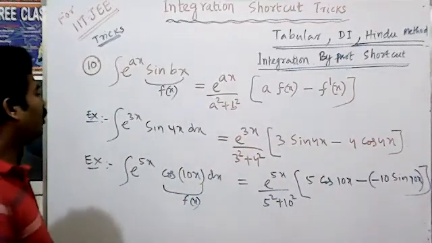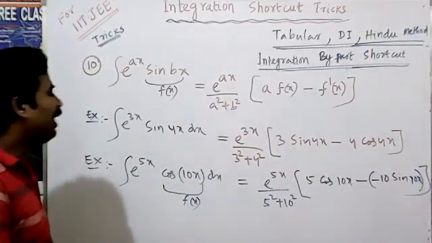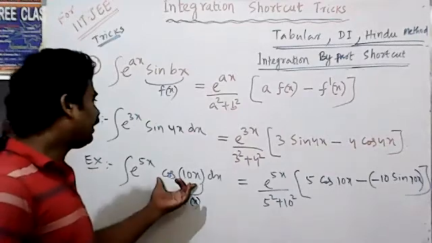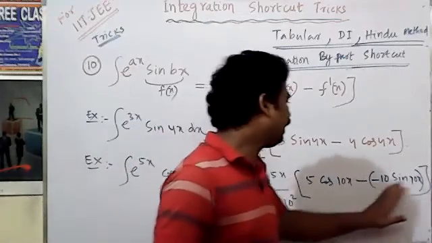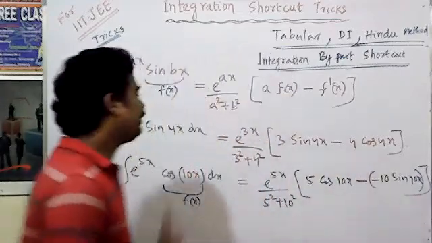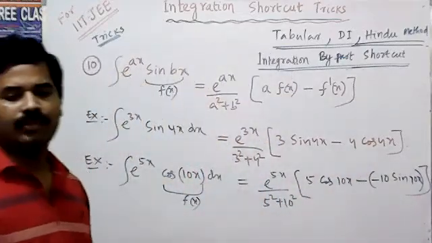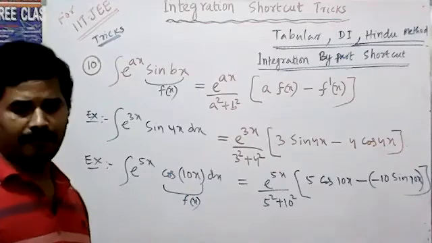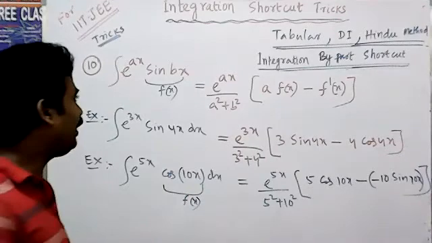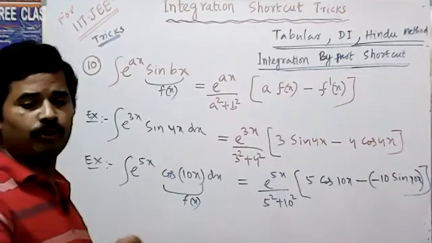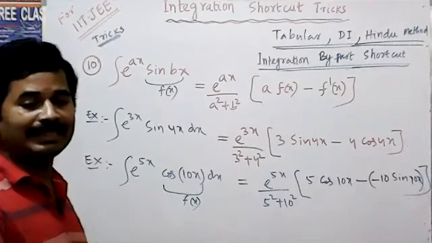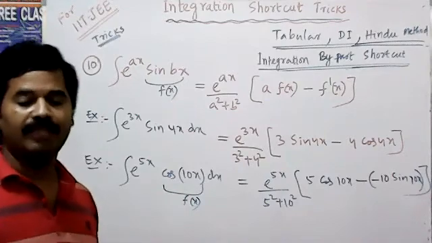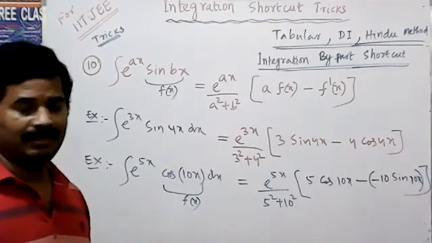This is the result because cos का derivative minus sin. So that's why minus 10 sin 10x. You can do this very easily. ये करने के लिए तुमको चुटकी में हो जाएगा, 1 सेकेंड से भी कम लगेगा if calculation is very fast.